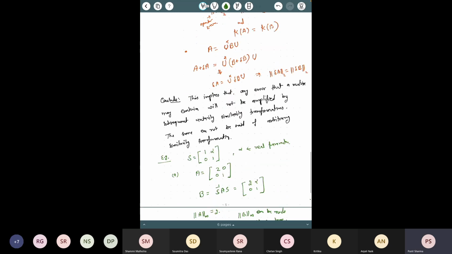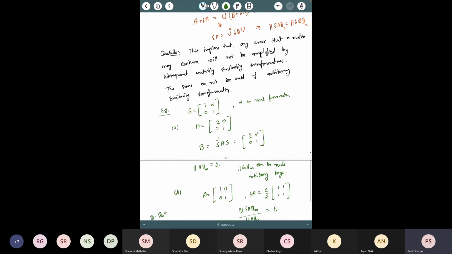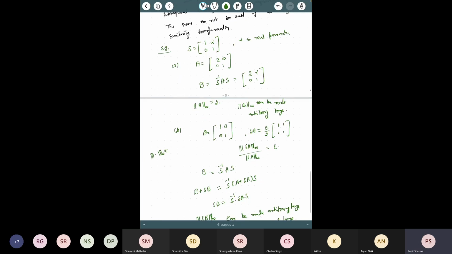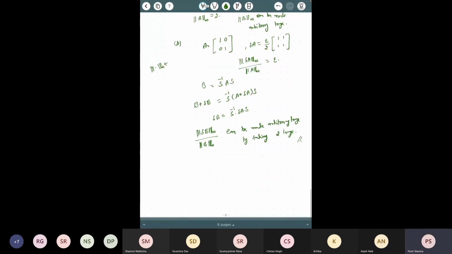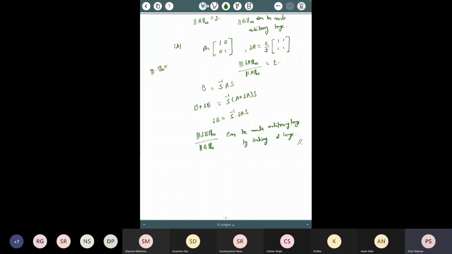Because of the properties of a unitary matrix, the error is not amplified, and also the calculation of the inverse and other properties of a unitary matrix you can utilize, and things can be simplified and made computationally easy. And this is the advantage of having a unitary similarity transformation over just a standard similarity transformation.